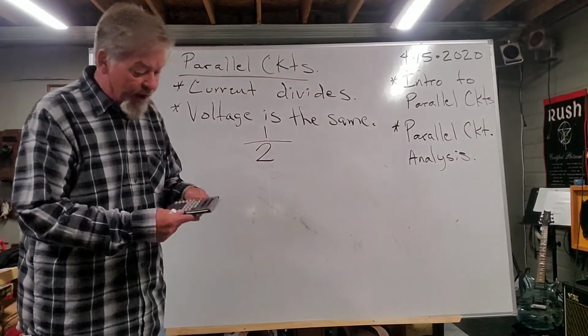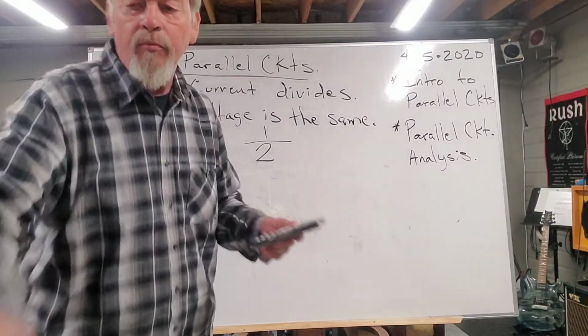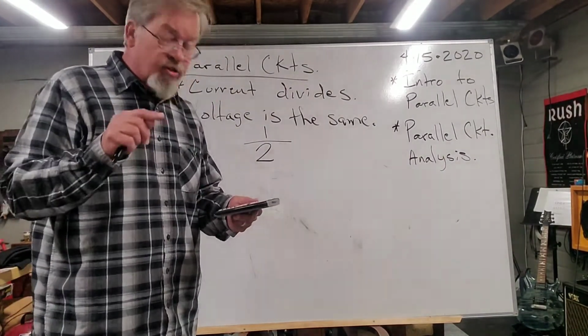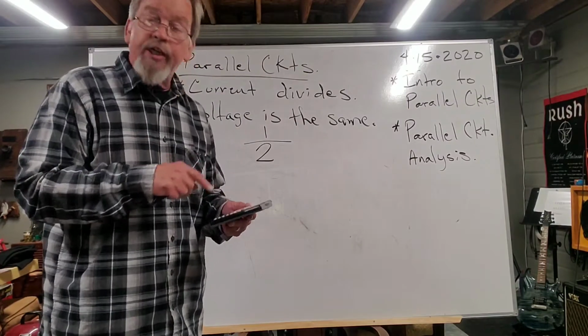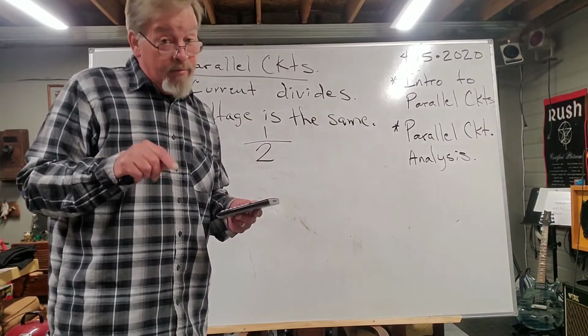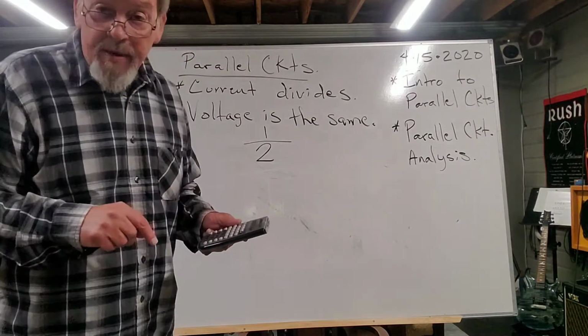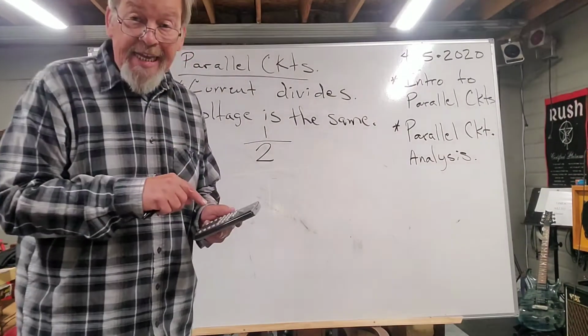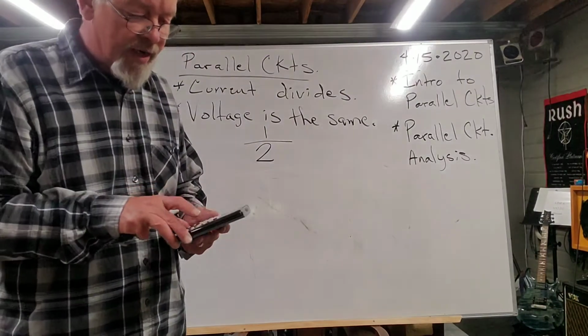Now if you look at your calculator, just above the EE key is your 1 over X key. That's going to be your new friend, believe it or not. So keep that in mind. The 1 over X key above the EE key on your calculator.